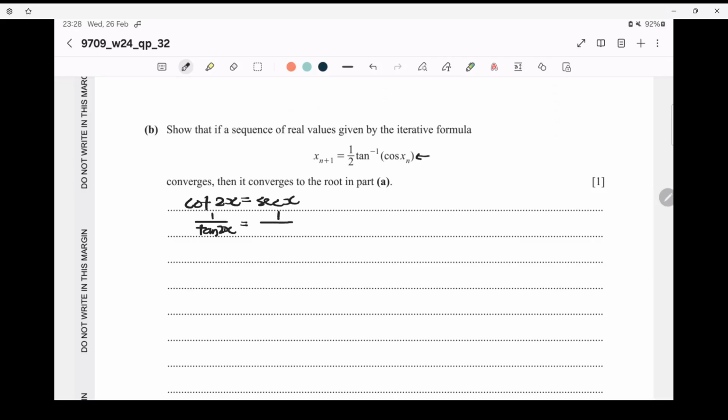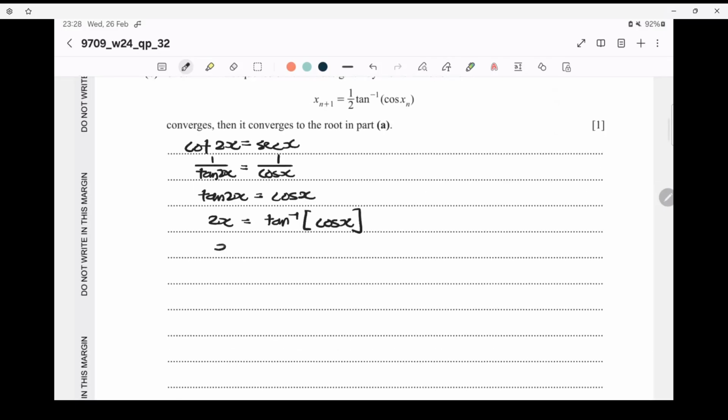Secant is 1 over cos x. So it means that tangent 2x is cos x. Then you do arctangent, and then you divide by 2.